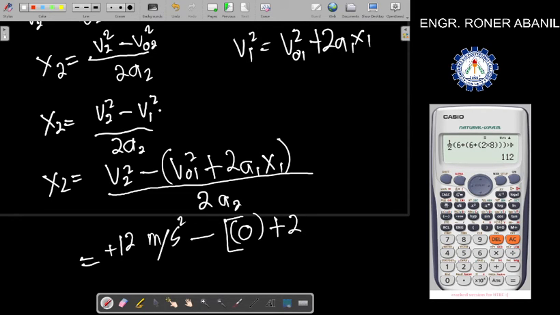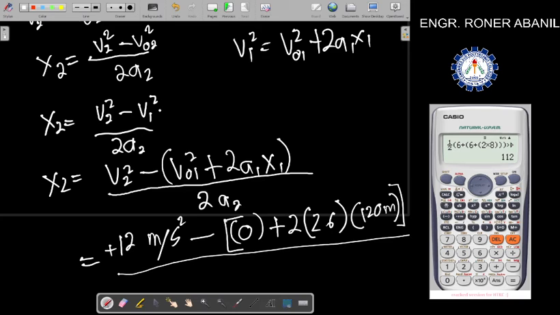Plus 2, 2.6. Tapos 1.2. Hindi, 120 meters. Yan. Over 2, no, 2AX 2.